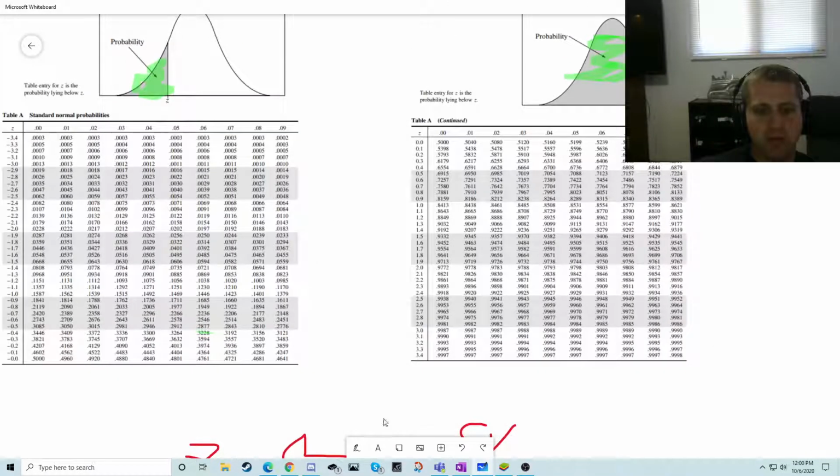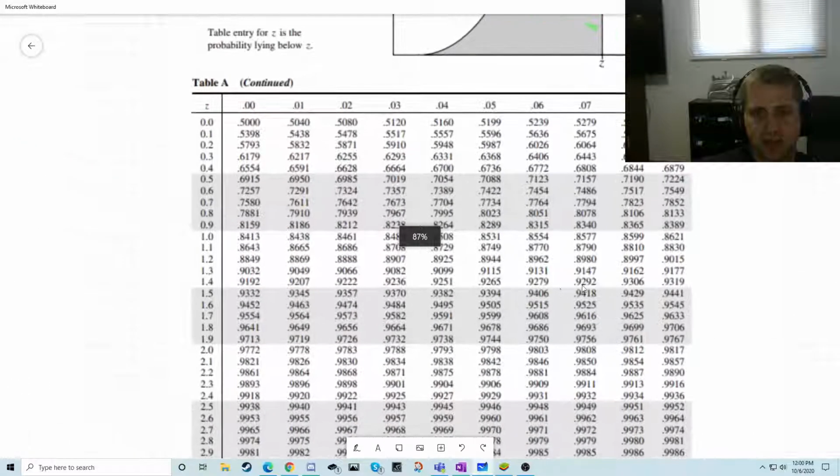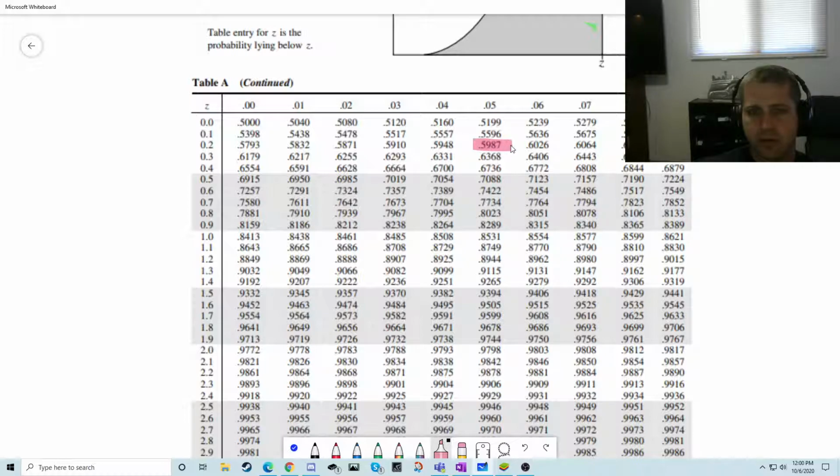So I just look in the middle, because the middle is the percent section. Okay, where is that 60%? I'm going to find it in here. It looks like this side's the big half. 60% is up here. It's between those two. It looks like the 0.5987 is a little closer to 60%.